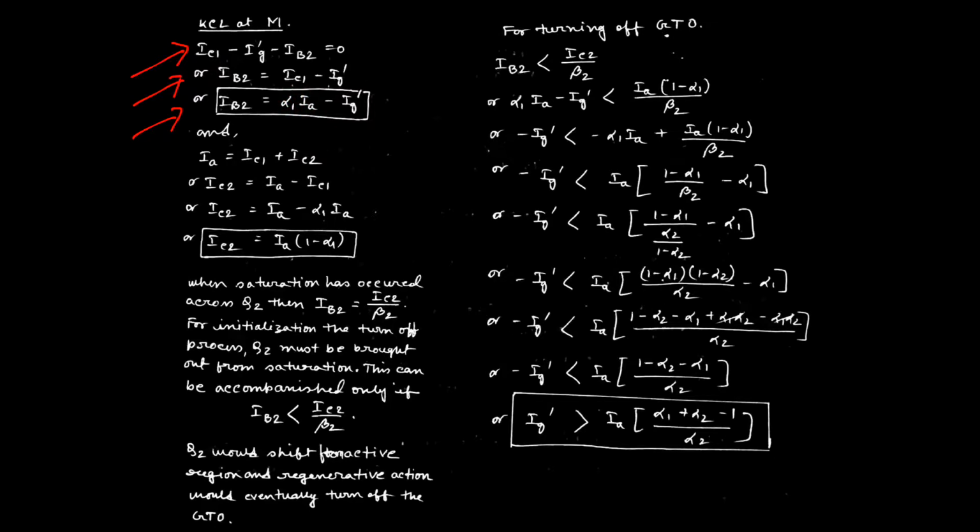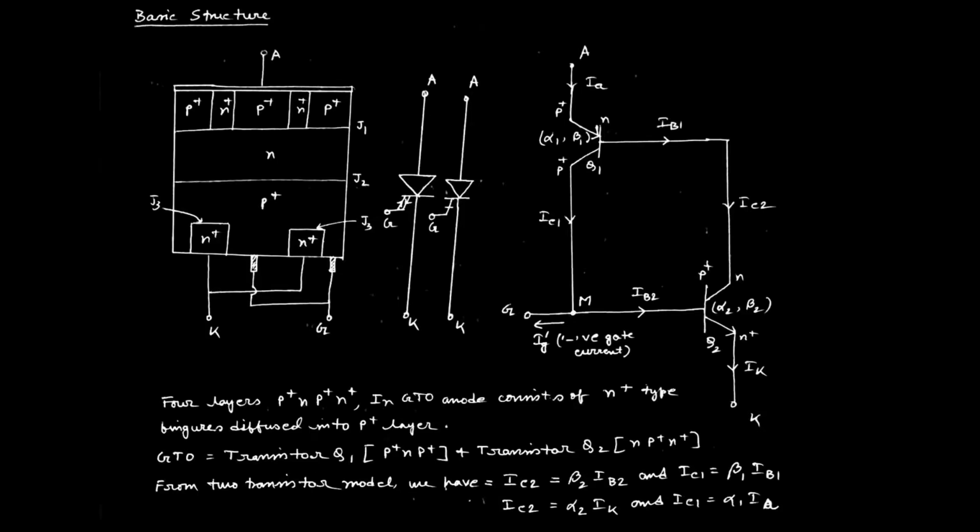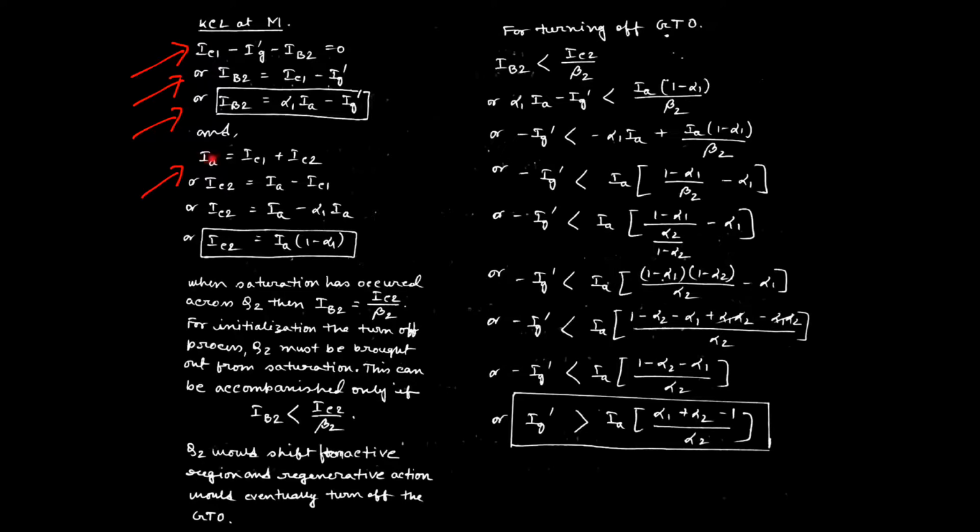Again we can write IA equal to IC1 plus IC2. That means IA, this current, should be equal to IC1 plus IC2 if we apply the KCL at the point Q2. This current should be equal to the summation of this current plus this current. That is why we can write IA equal to IC1 plus IC2.